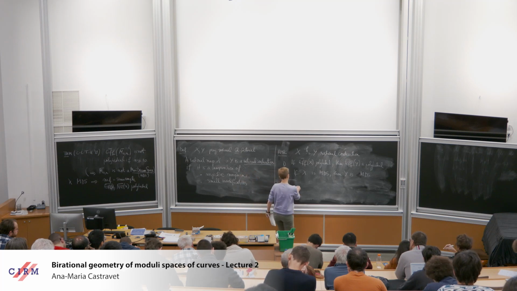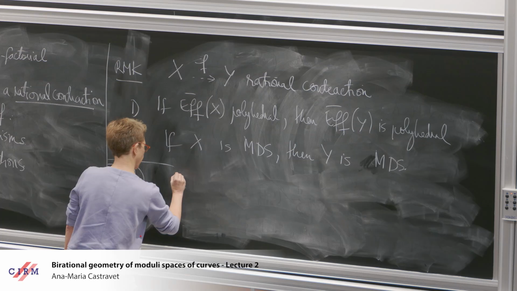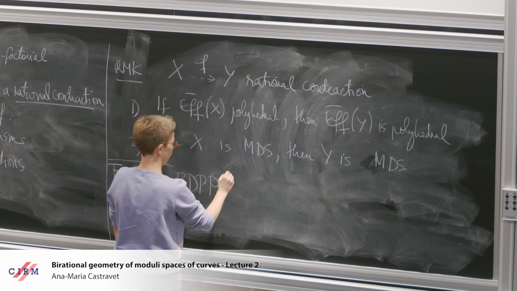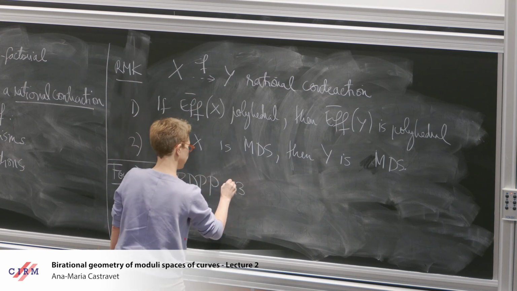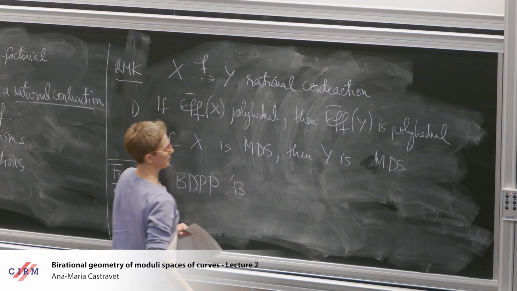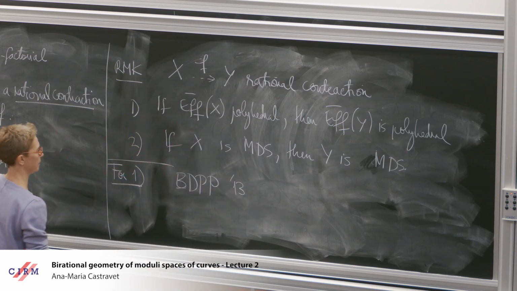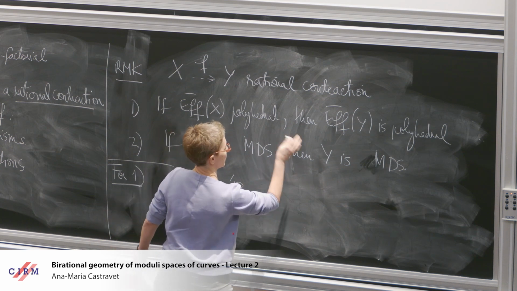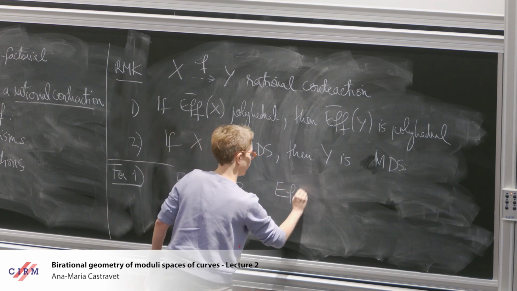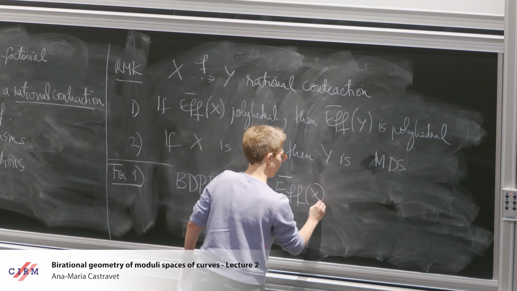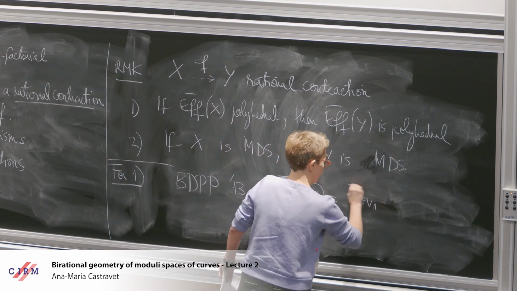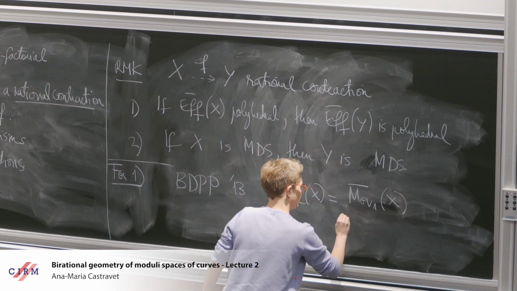So there you can use a theorem of Boucksom, Demailly, Paun, and Peternell. Their theorem is over C, but it was adapted to all characteristics by Fulger and Lehmann. It's the statement that you can look at the effective cone as the dual of the cone of movable curves, which I'll define this way.